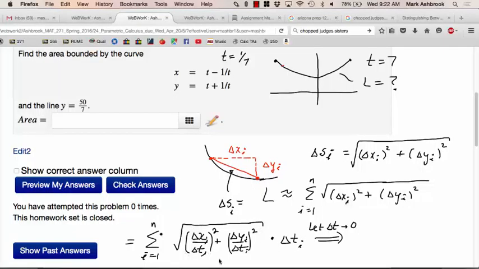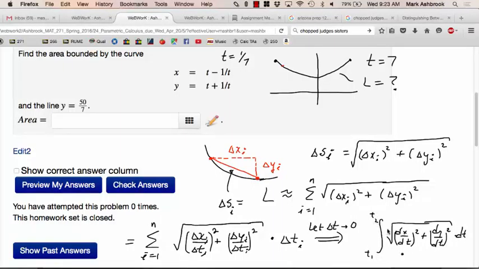And when we do that, this sum becomes what? An integral, right? The integral of the radical of (dx/dt) squared plus (dy/dt) squared, dt, from t1 to t2.